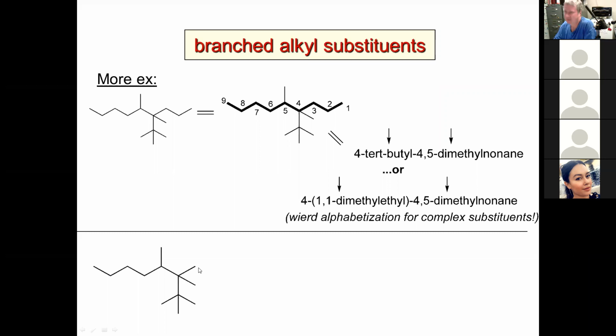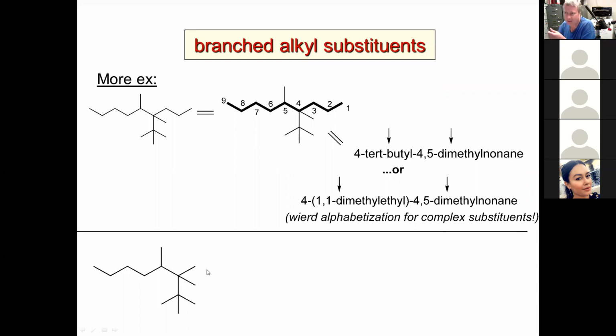It's not heptane. It is octane. You have to go down this thing, 1, 2, 3, 4, 5, 6, 7, 8. Don't make the silly mistake of just going across, because that's wrong.